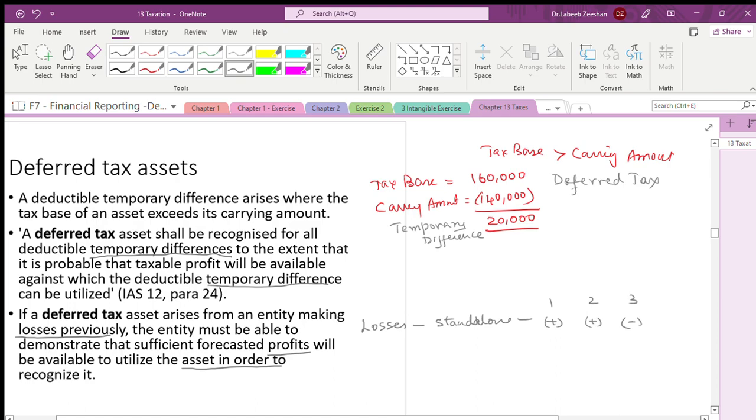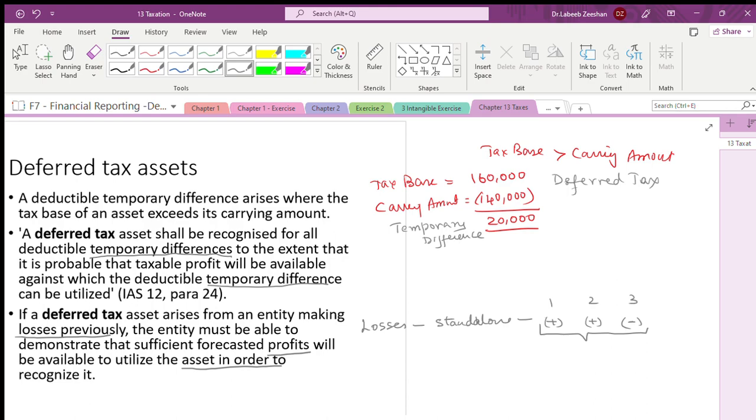Got my point? Then the rule says that we should consider the average profits of all three years, subject to the condition that this is not applicable. Otherwise, we should have a sufficient forecasted profit.